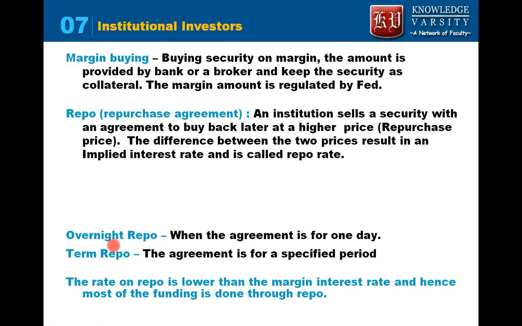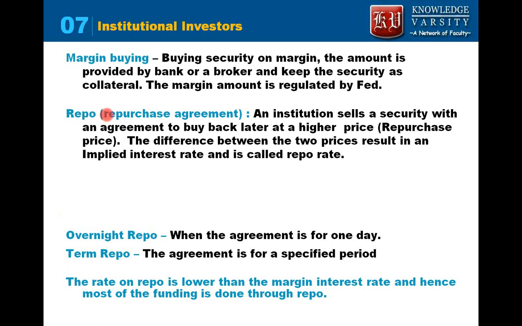Those securities are posted as collateral. They are being charged some interest rate, and these interest rates are very high. And the margin percentage at which they are buying the security is regulated by the Fed Reserve.